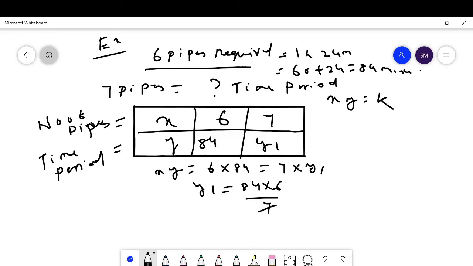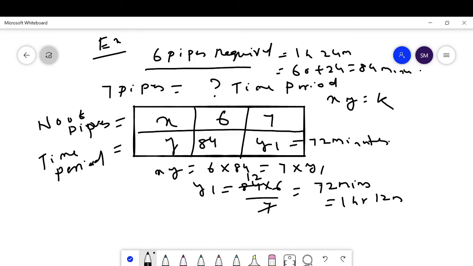Then here 12 7s are 84, 12 6s are 72 minutes, means 1 hour 12 minutes. This is 72 minutes. Okay.